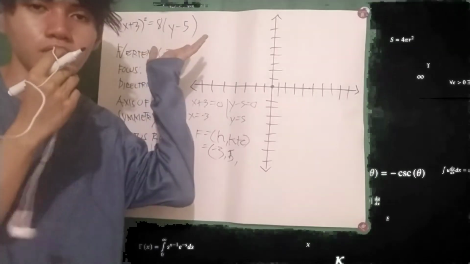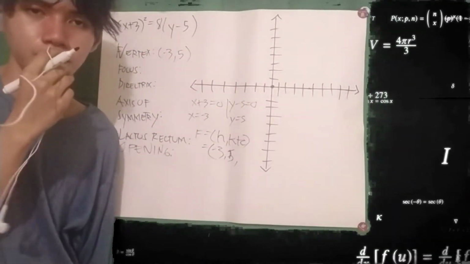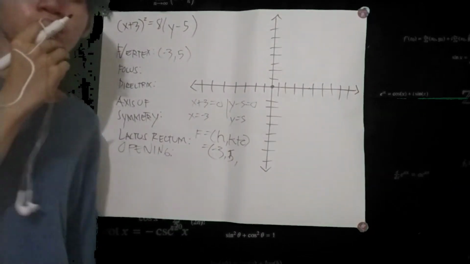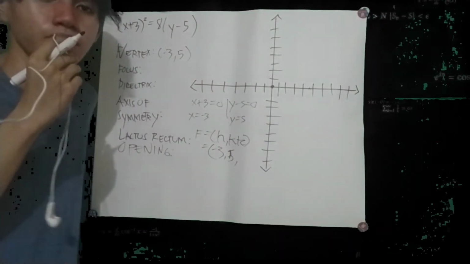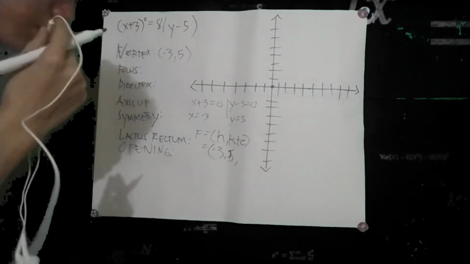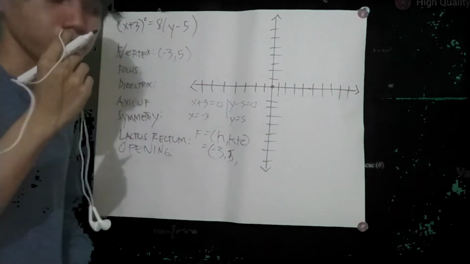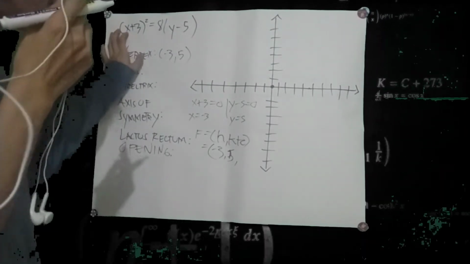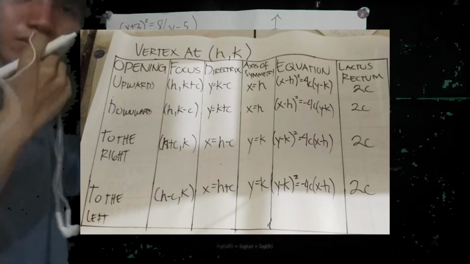I'll move on with this example, and as you can see, yung given equation natin ngayon is in HK form na. So what that means, yung vertex is nasa value ng H and K. First, let's determine kung saan ba nag-open itong parabola na ito. So para mas simple, titingnan nyo lang kung ano nasa unahan. Is it X ba or Y?